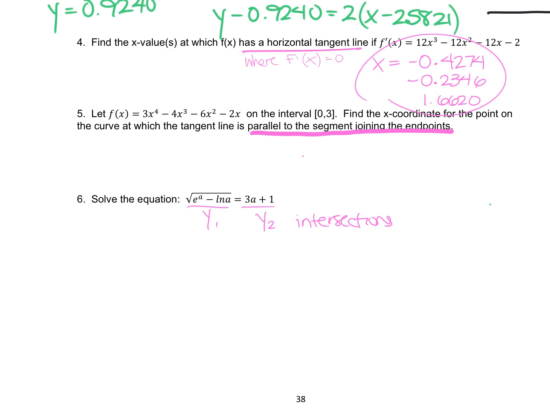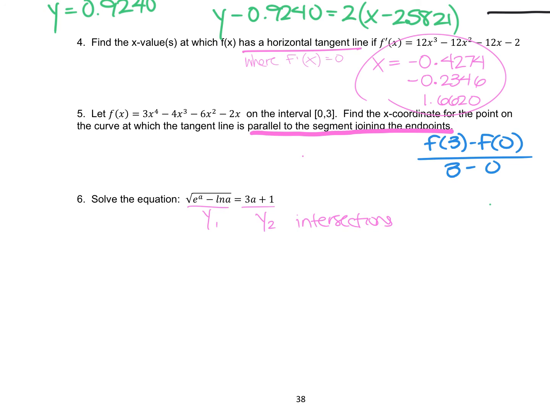Now, before I graph anything, I'm going to handle this parallel to the segment joining the endpoints. The segment joining the endpoints, it's going to be the slope, f of 3 minus f of 0 over 3 minus 0. Since I'm already using my calculator, how do I find the answer to f of 3 and f of 0? Would you just do y1, 3? Yes.